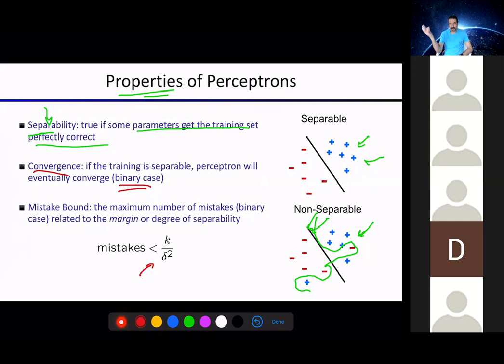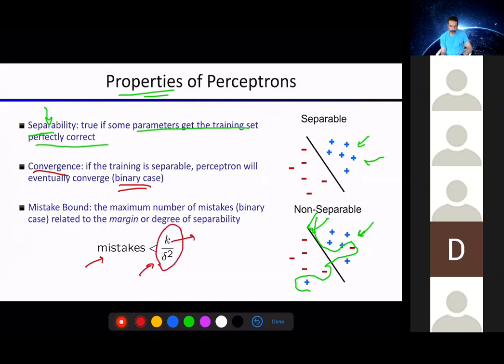But even in multiple classes, such a guarantee does not exist. Only in binary cases does such a proof exist. And the maximum number of mistakes that the binary perceptron in this iterative approach makes is upper bounded by this value.